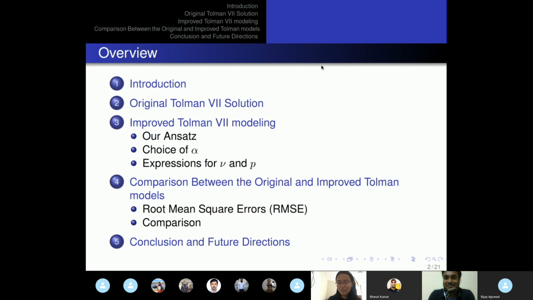First, I will give a very brief introduction of the Tolman VII solution and how we improve this Tolman VII modeling. And then I will compare the differences between the original one and our improved version of this Tolman VII solution. And then I will give the conclusion and future directions.